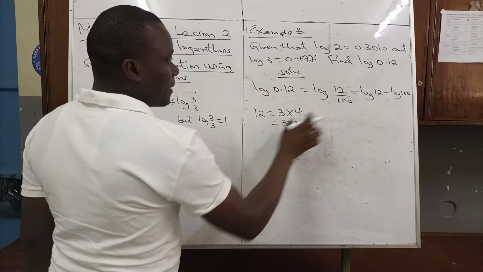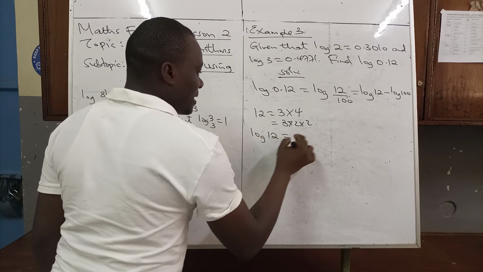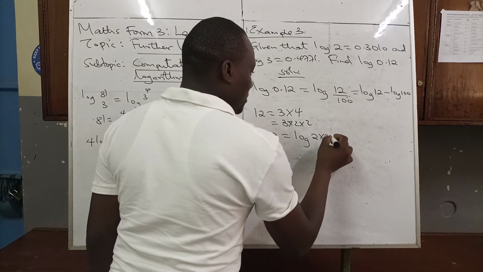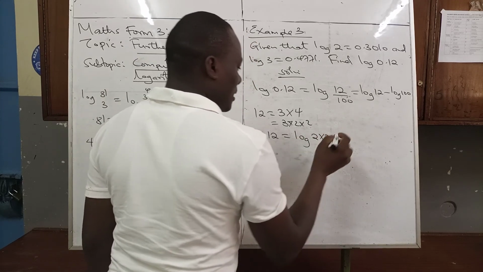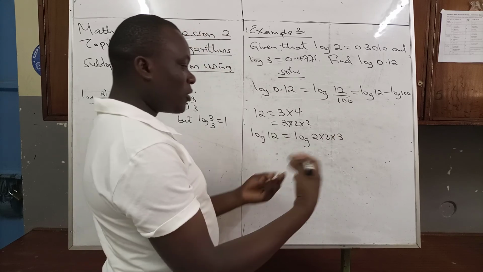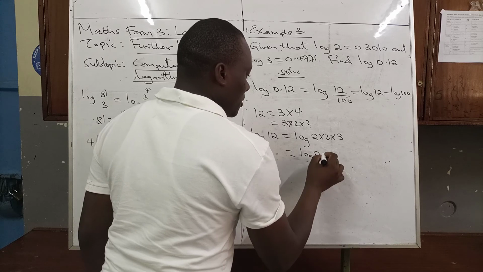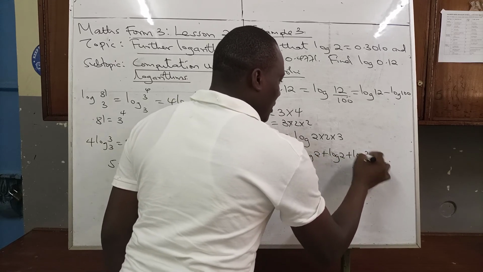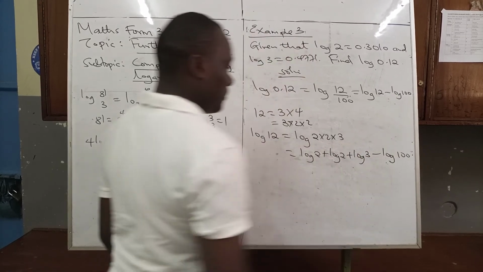So log 12 can be written as log of 2 times 2 times 3. When we have a multiplication and we want to introduce logs, we now use addition. This will be log 2 plus log 2, then plus log 3. Remember, we have log 100 on the other side.